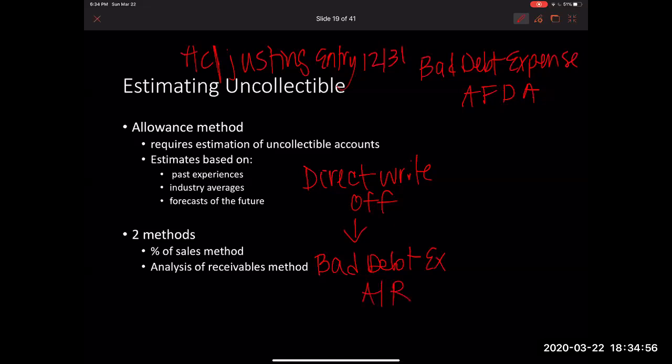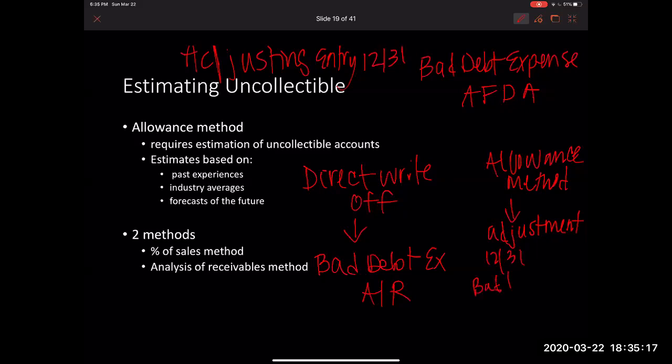Then under the allowance method, which is required under GAAP, first you need to do an adjustment, which we're talking about now. That adjustment is at the end of the year, 12/31, and it's a debit to the bad debt expense and a credit to allowance for doubtful account.